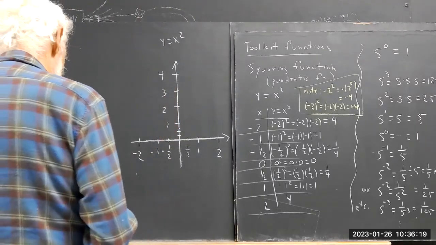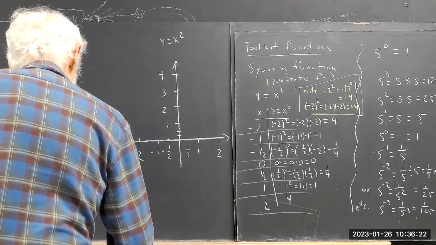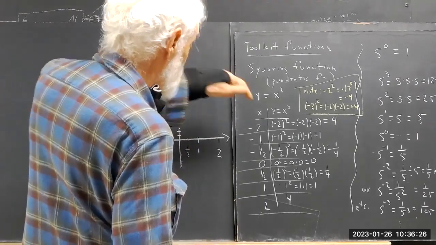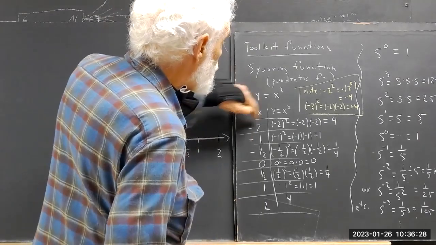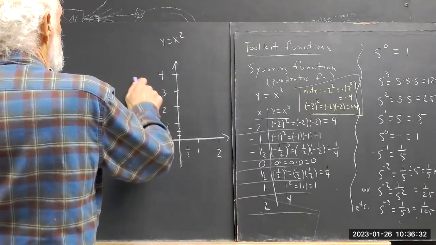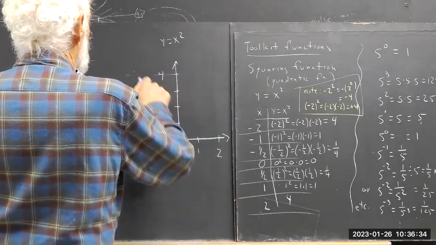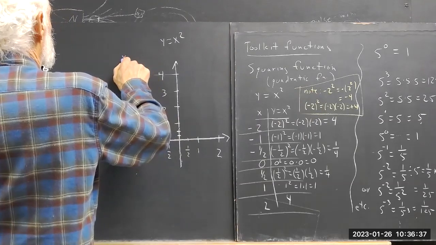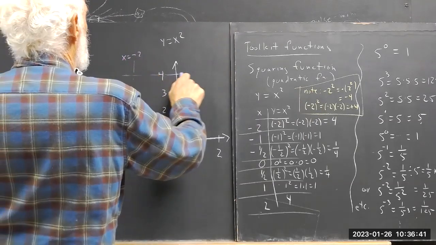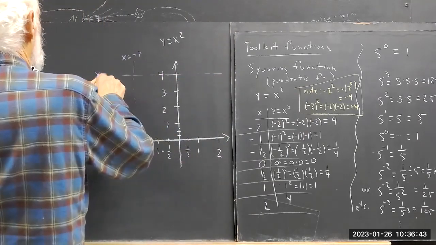Now that I've got both axes labeled, got all these labels. I got -2, 4. So here's -2. Here's 4. Here's the line X equals -2. And here's the line Y equals 4.